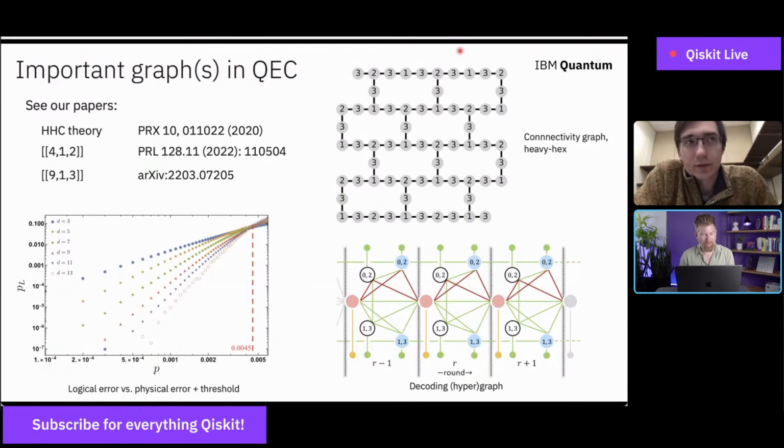Oh, that's interesting. So I imagine these events are somewhat localized. Exactly. And geometrically local in the plane. So I think the error correcting codes that we're looking at here, like the heavy hex code or the surface code, can correct those errors at least if the code is large enough.